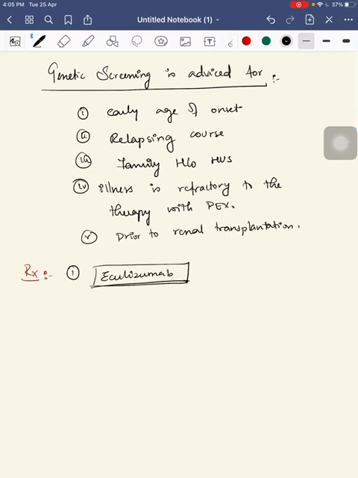The mainstay of treatment here is eculizumab. It is a C5 monoclonal antibody.